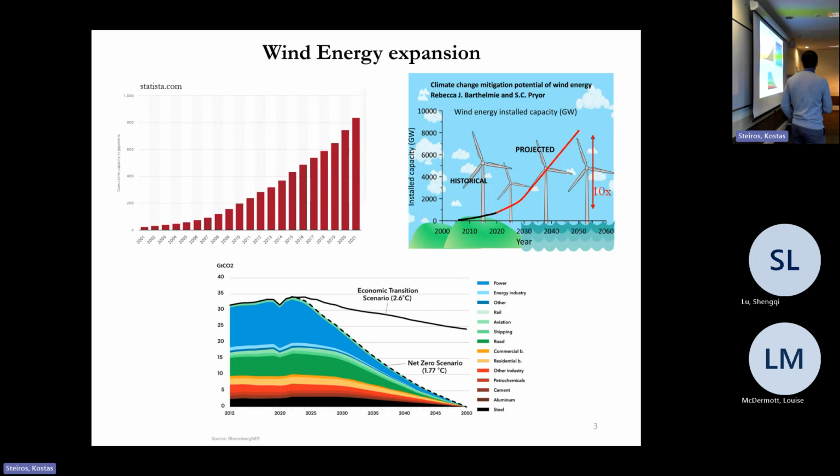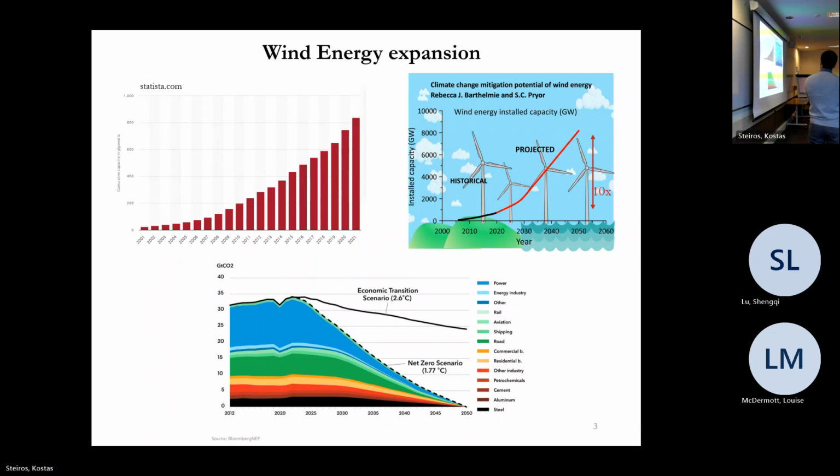But the question is what happens to 2050 and why do we need all of the energy? Well, there is this policy of net zero, so we have the UK, but in the European Union as well, and in the US and China, it's a global effort. And the effort is about trying to minimize the emission of greenhouse gases. So, for example, this is the emissions of CO2, gigawatts of CO2 on a global scale, and from different sectors, from power or from the energy industry, and different sectors.